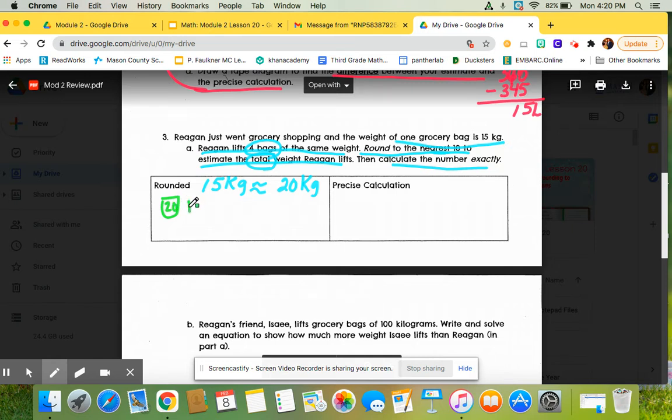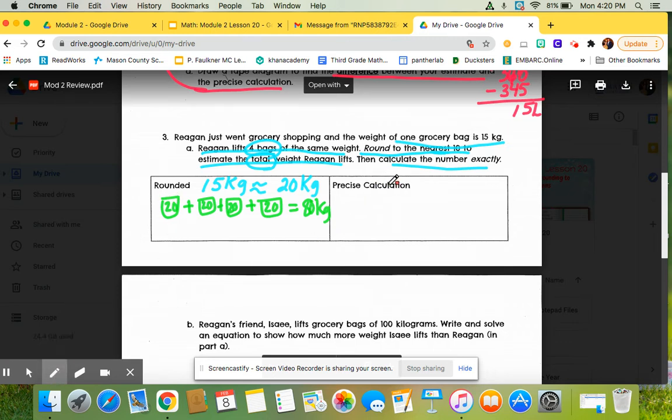Here's a bag, plus here's a bag, plus here's a bag, plus here's a bag. Okay, so we can add that up. 20, 40, 60, 80. That's right, 80 kilograms is the estimated or the rounded part.